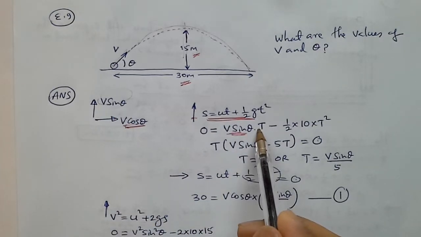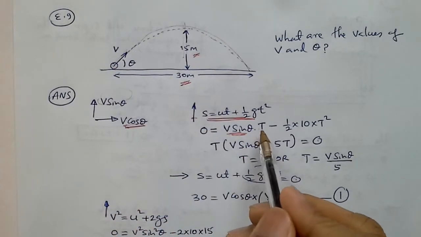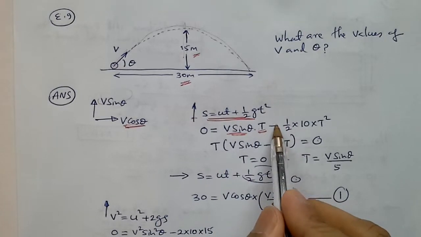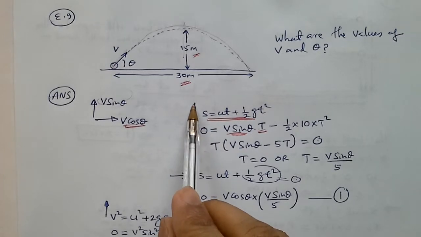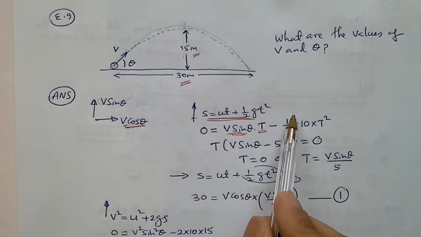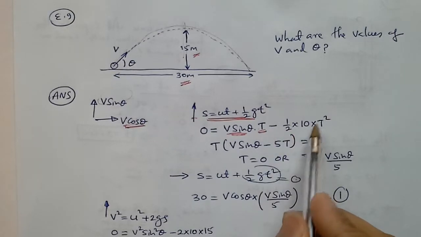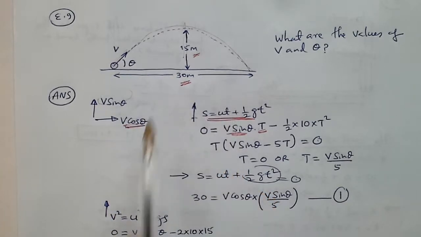multiplied by the total time taken for the complete journey, let me say big T, minus, with a minus sign because we apply the equation upward but the gravity is downward, half into 10 into T squared. So this big T represents the time taken for the complete journey.